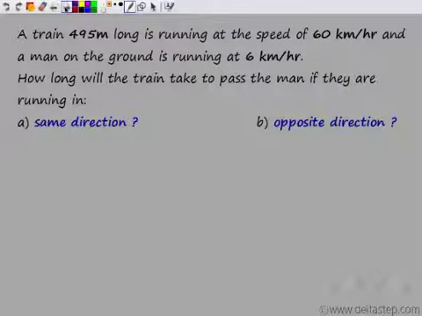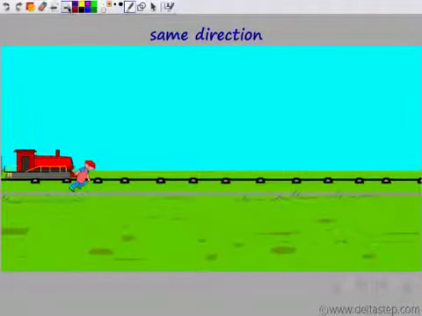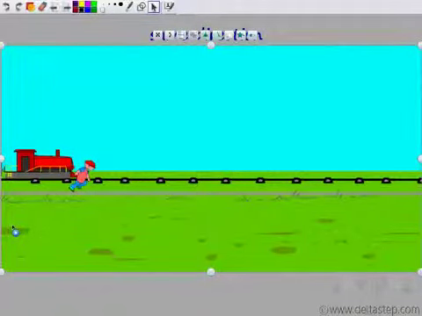Now, as soon as you get two objects moving in the same or opposite directions, the first thing that should strike is relative speed. So let's first concentrate on this case, which is same direction. So let's look at this video where both of them are running in the same direction.